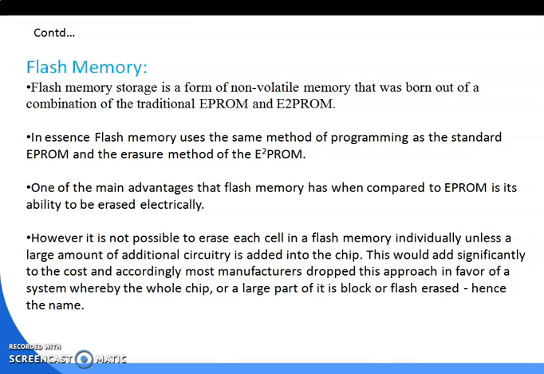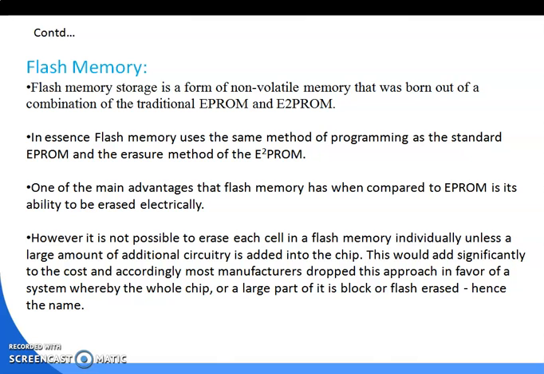Why are manufacturers not interested in using flash memory as a primary or secondary memory? Because this would add significantly to the cost. Its cost is very high because additional circuits are required to erase the data. That's why you only use it for small purposes.